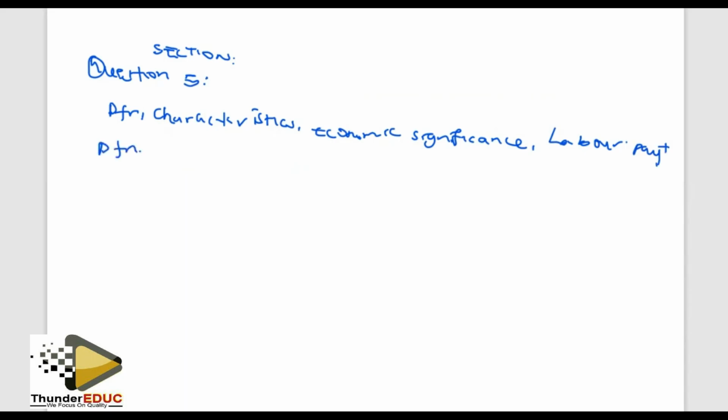Definition of labor. Before you go any further, you have to make an introduction. Indicate that this is the introduction, and please try to underline it, using your best handwriting.